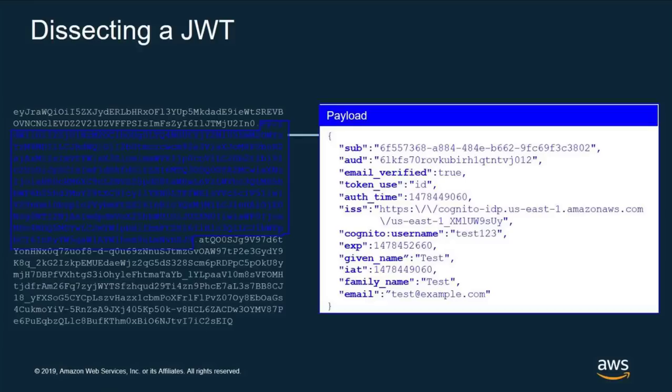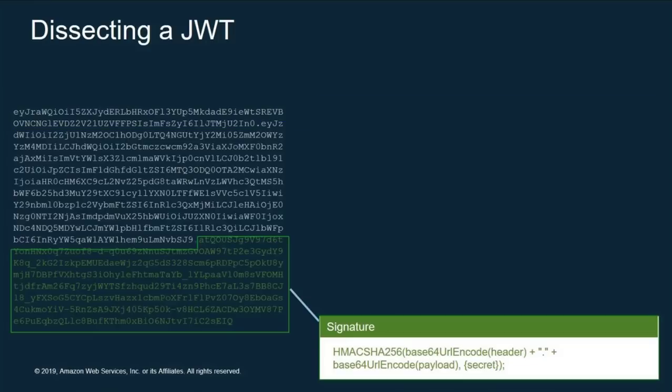The next is the payload, right? And this is primarily the meaty part of the token that we're going to be most interested in. This is where the identity provider has encoded information that it knows about the user, things like their email address or their name or even their birth date. It's going to encode that information in the form of these key value pairs within JSON. And then finally, the signature, right?